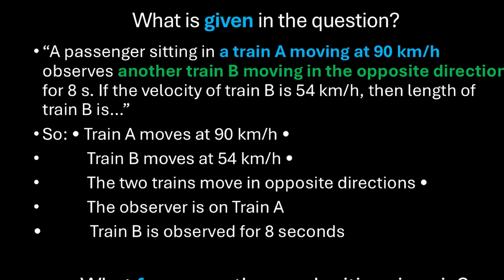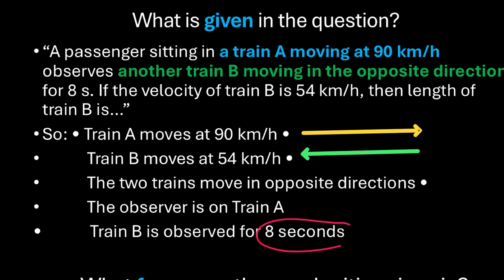Train B is moving at 54. So train A is moving towards one direction at 90 kilometer per hour and train B is moving in the opposite direction. Okay. Observer is on train A and train B is observed for 8 seconds. Right. Now the immediate question comes up.